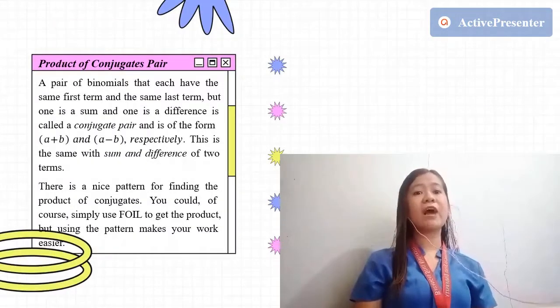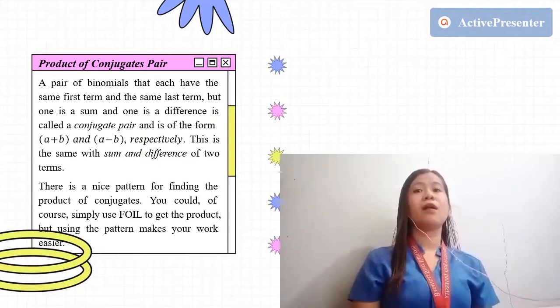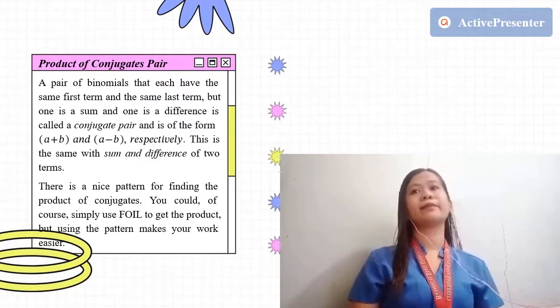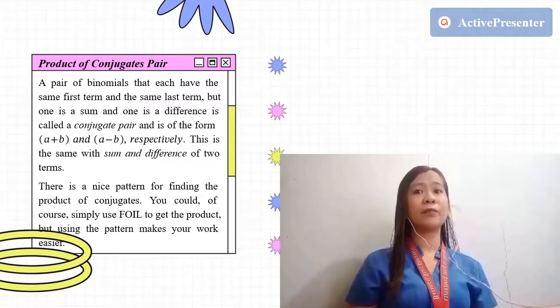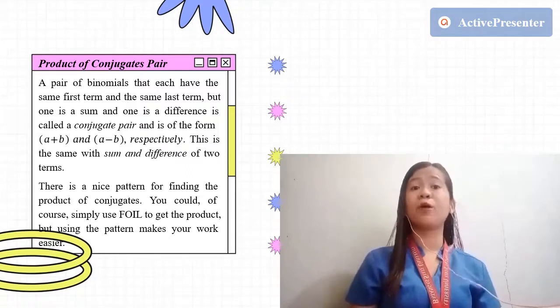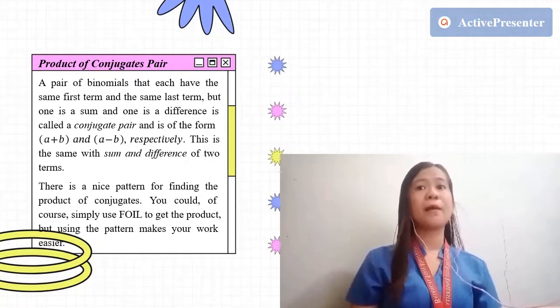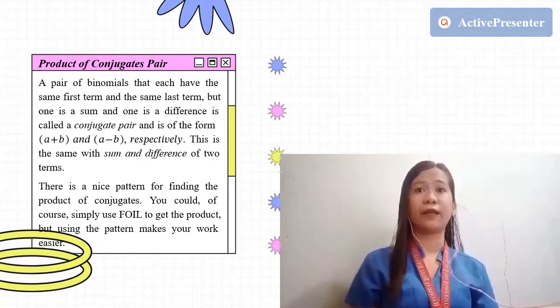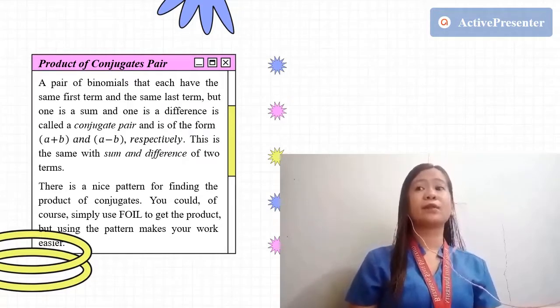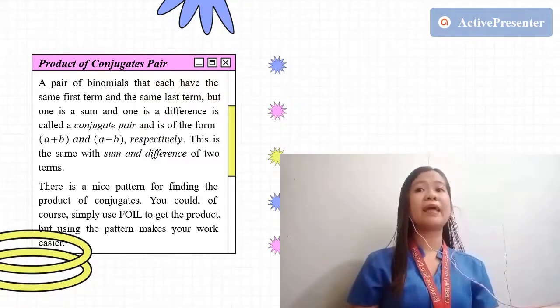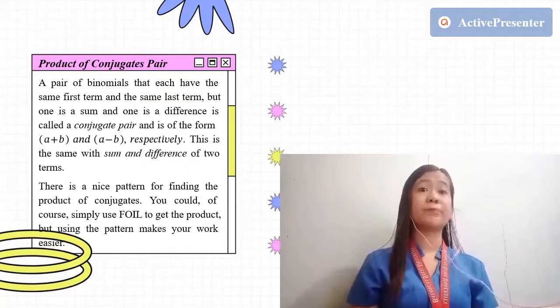Let us have the second one. Get the product of the conjugate pairs. A pair of binomials that each have the same first term and the same last term, but one is a sum and one is a difference, is called a conjugate pair. It is in the form of a plus b and a minus b respectively.